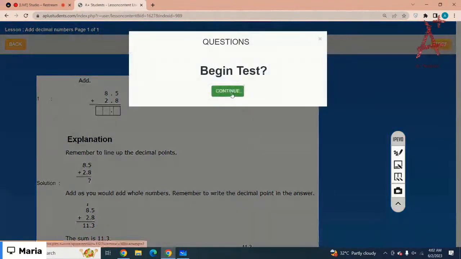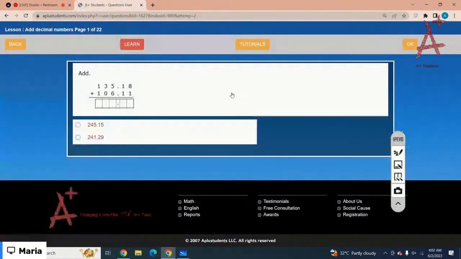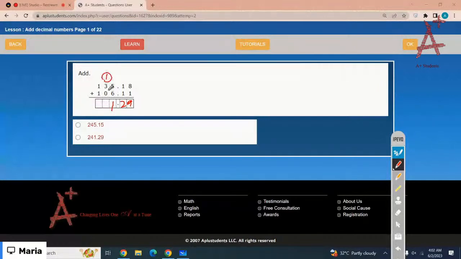Let's just start with the test questions. Okay, let's just start with adding. You have to start with the rightmost digit. So you have to add 8 plus 1 is 9. 1 plus 1 is 2. 5 plus 6 is 11. You have to write 1 here and carry 1. 3 plus 1 is 4, and here you have 2.